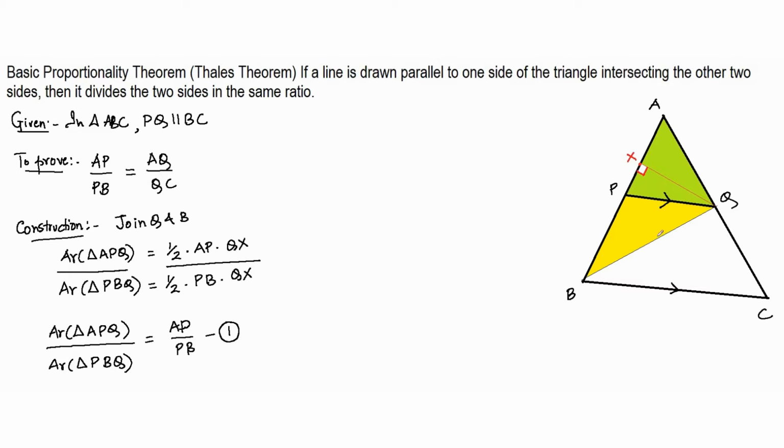Now just to explain this point, PBQ was an obtuse angle triangle. So whenever I have an obtuse angle triangle, let me draw an example over here. So this is the obtuse angle triangle. If I consider this side as the base, the altitude is going to be drawn from the opposite vertex and it has to be perpendicular to the base.